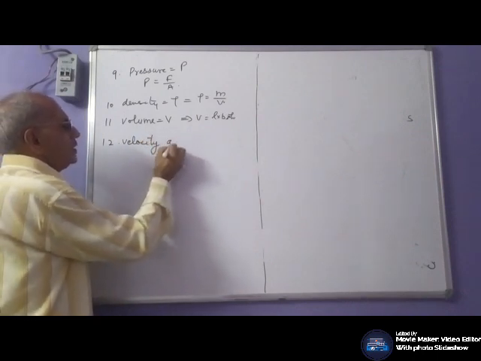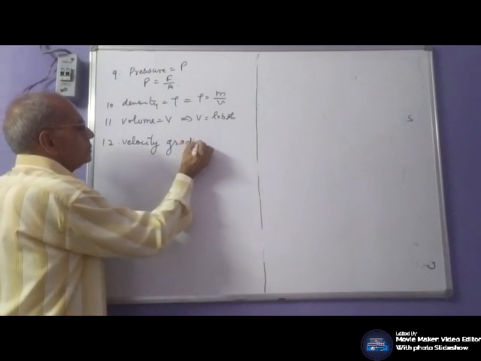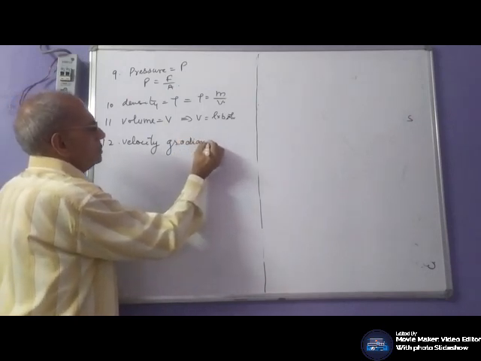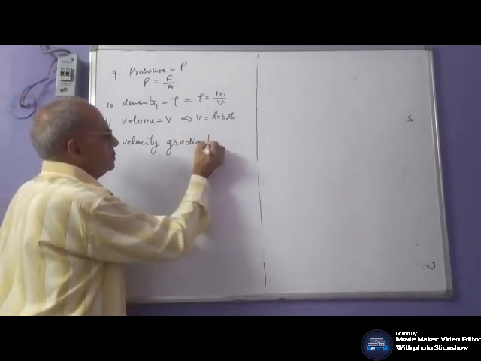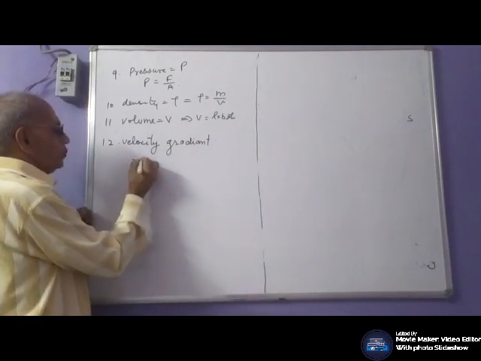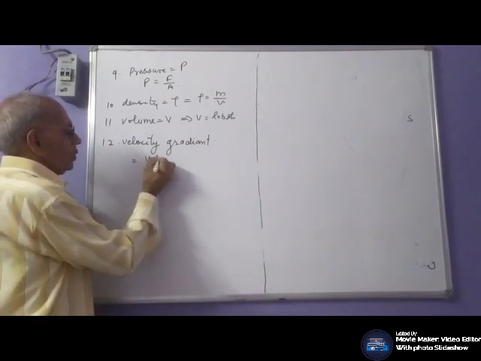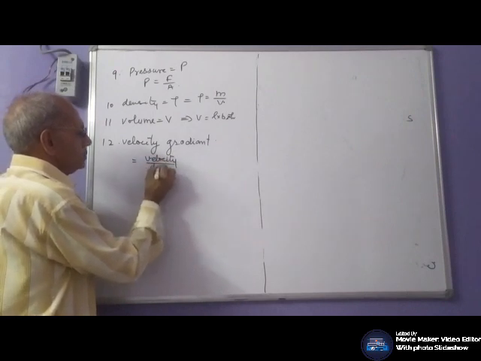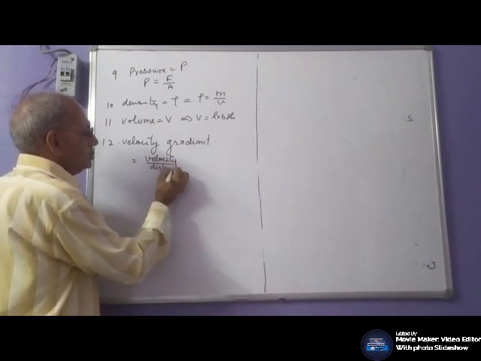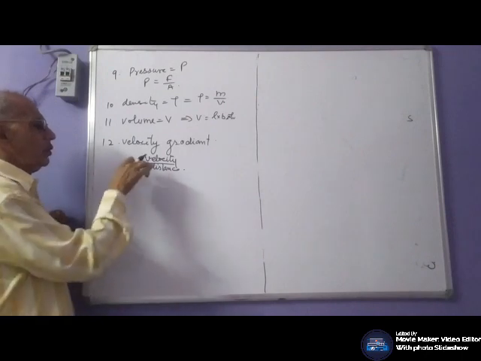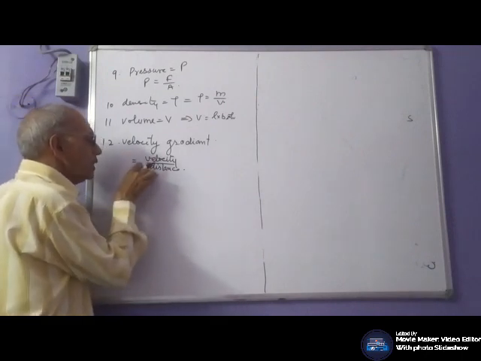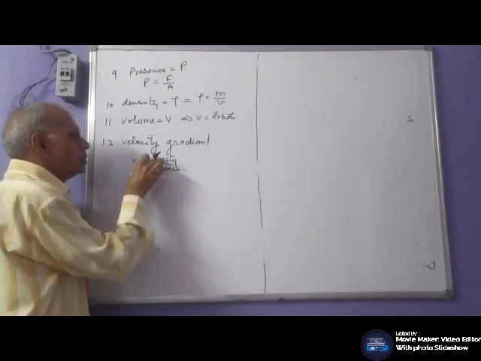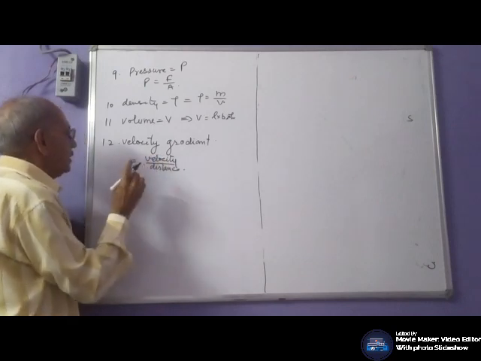Velocity gradient, no symbol. Velocity upon distance is velocity gradient. When distance is here, it is gradient.